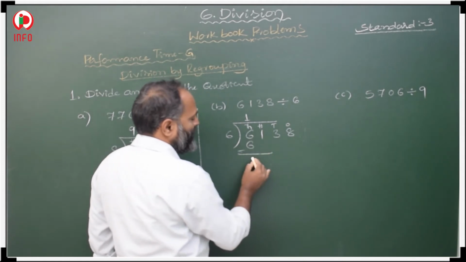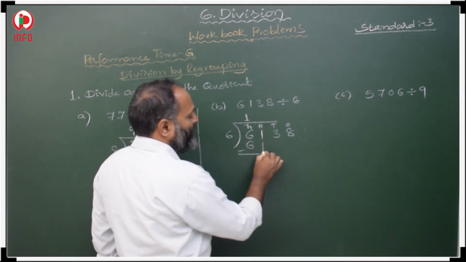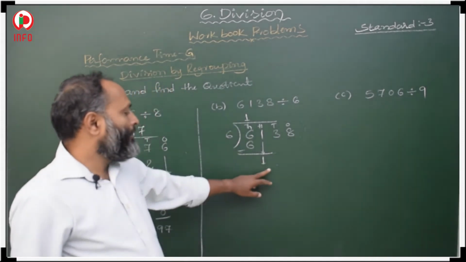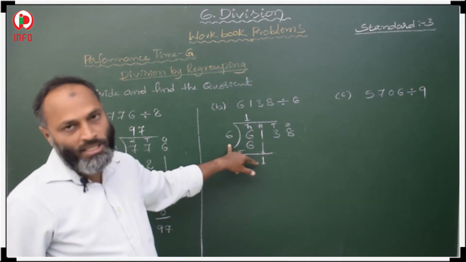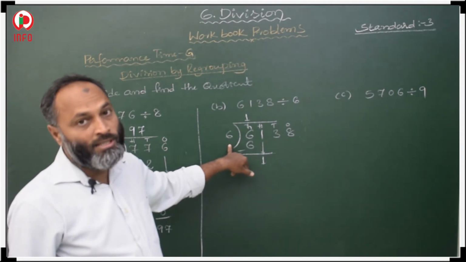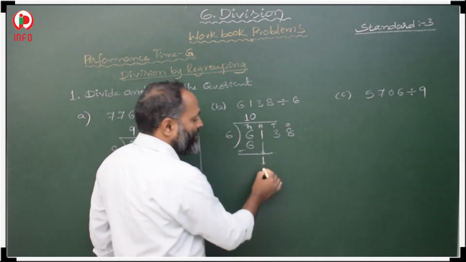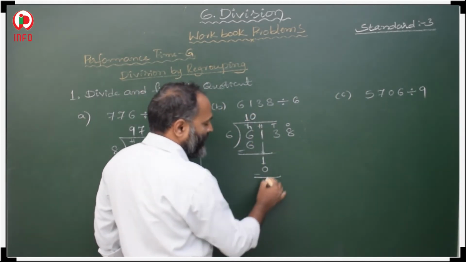Then 6 minus 6 is 0, no need to take. After that in the 100's place we have to take 1. When will you get 1 in the 6 table? 6 1's are 6, that is more than this. So we have to take 6 zeros are 0. Then 1 minus 0 is 1.